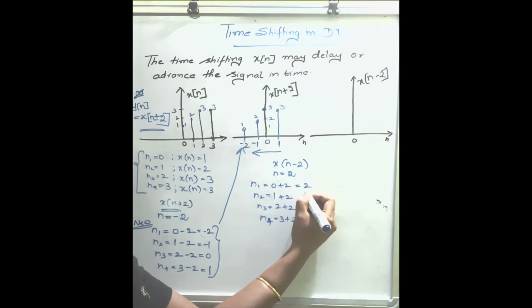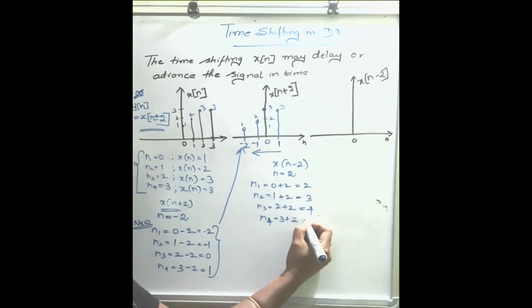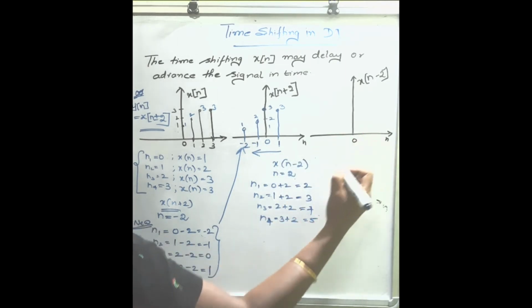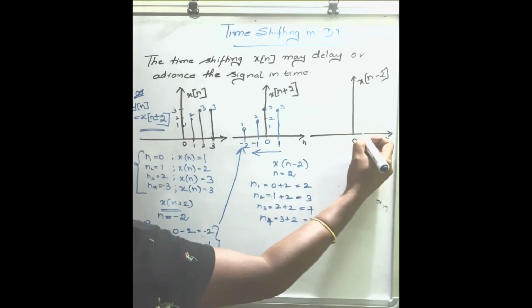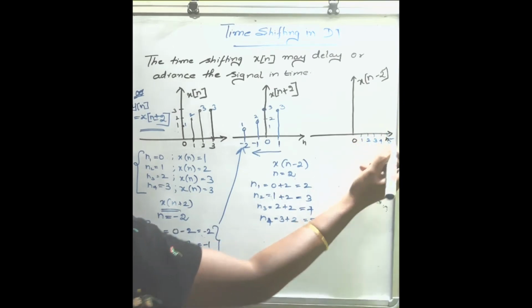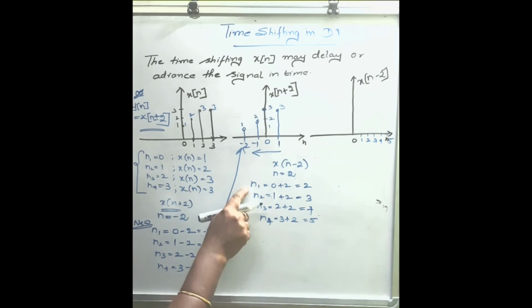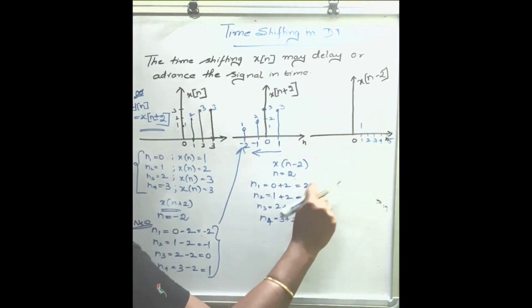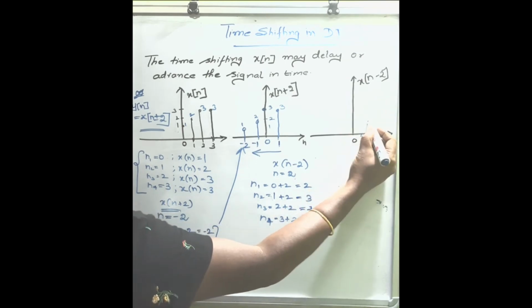The new n values are 2, 3, 4 and 5. Please plot them: 1, 2, 3, 4 and 5. Now see, the amplitude at the first point is 1. So don't mark here, mark here.